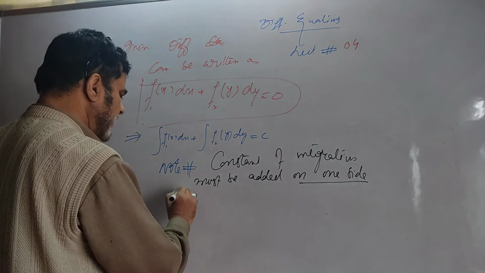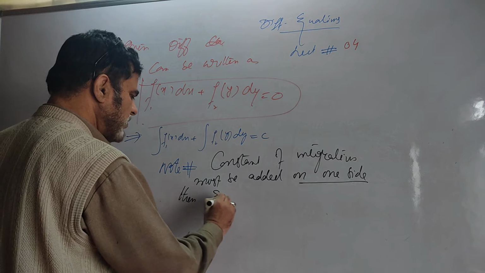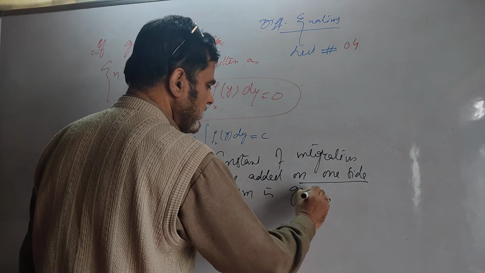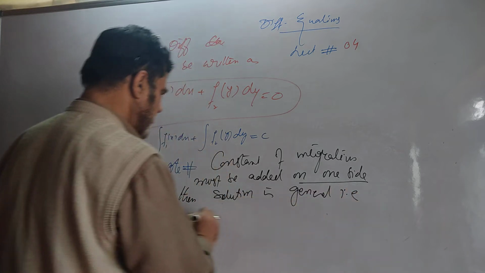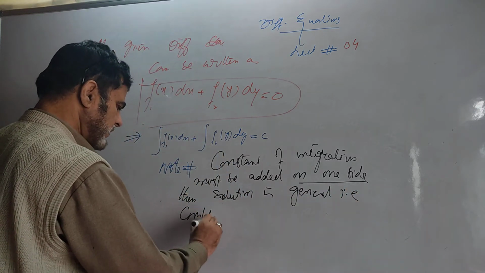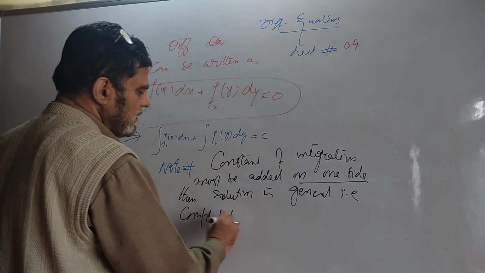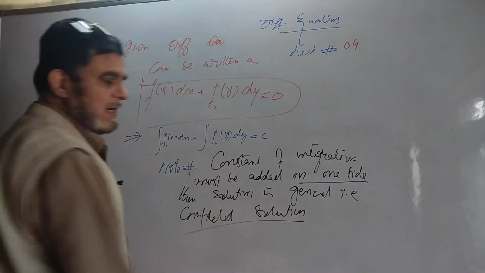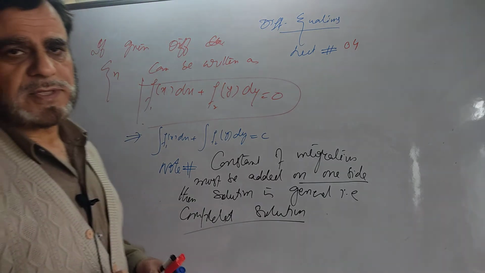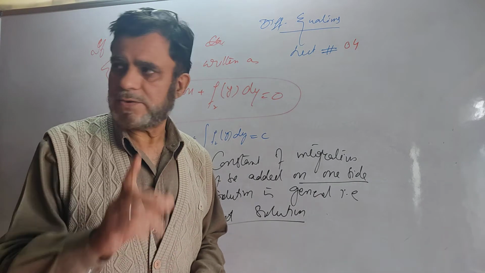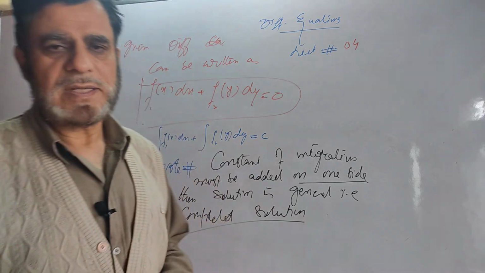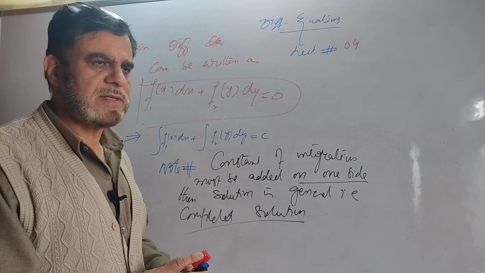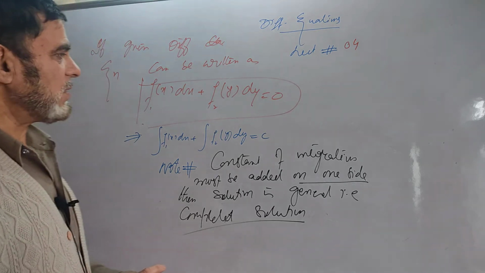Then the solution is general, that is, the complete solution. Otherwise it is not a complete solution if you do not add the constant of integration. If you add on two sides, then that will also merge into one single constant. So it is only to be added on one side.